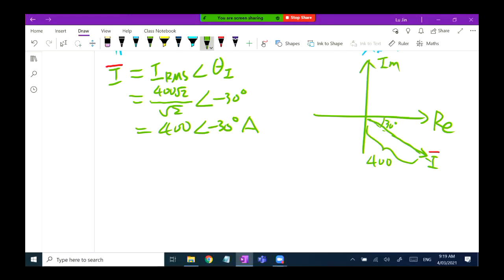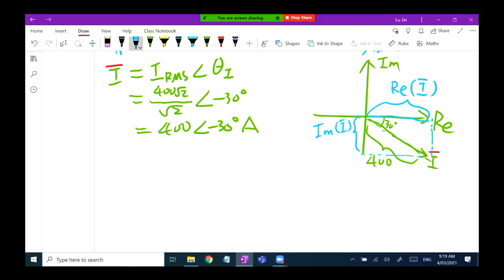The real component of the vector, let me use the blue pen, is the projection of this vector on the real axis. I am using I_R to denote the real component of this I average. And the projection of the vector on the vertical axis gives us the imaginary component of this vector.